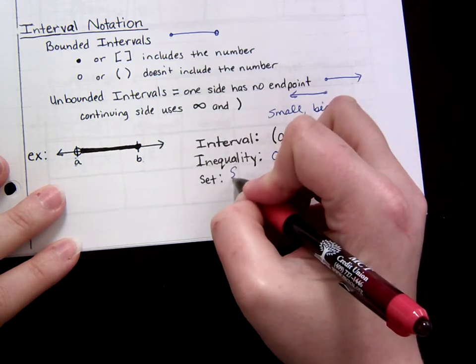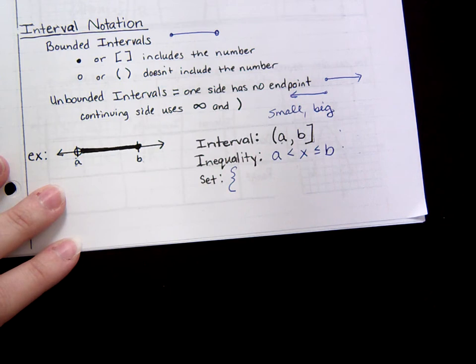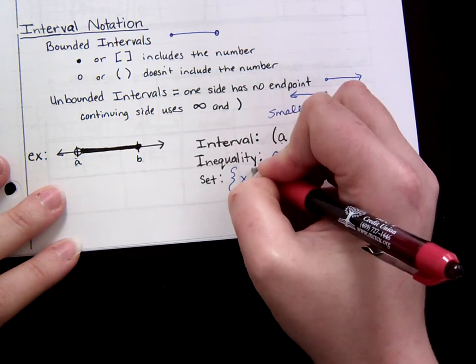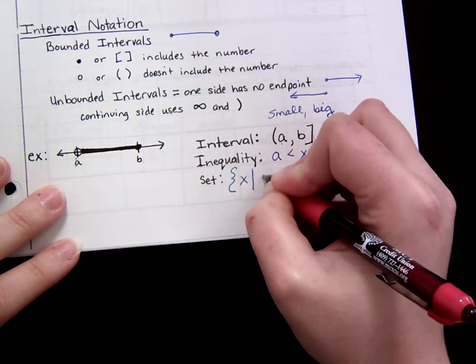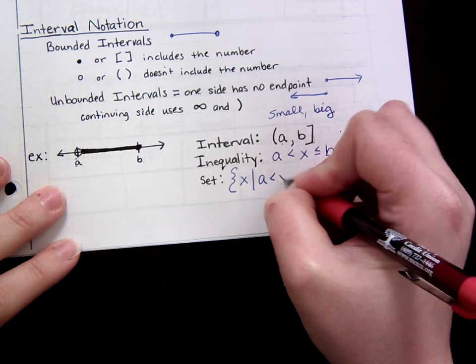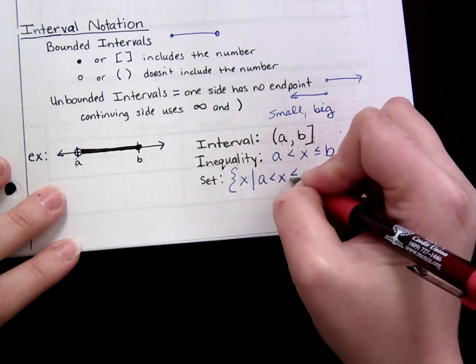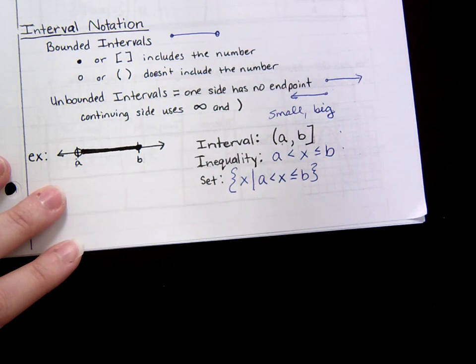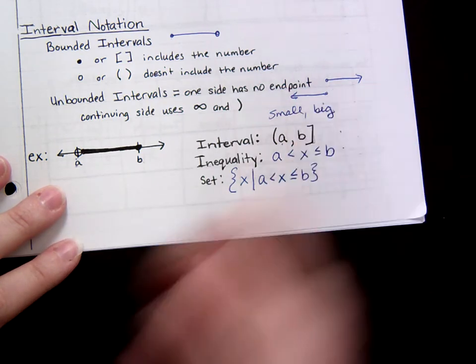You open your braces because the set notation includes the braces. So it's the set of x values such that A is less than x is less than or equal to B, and then close your set. So it's just your inequality in set notation.